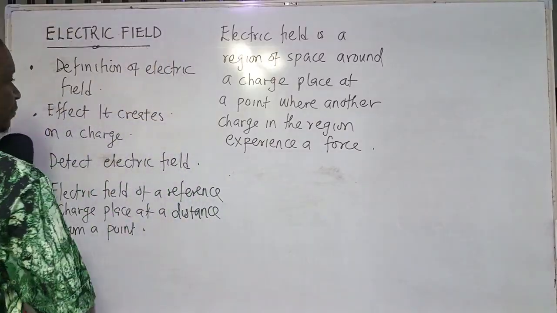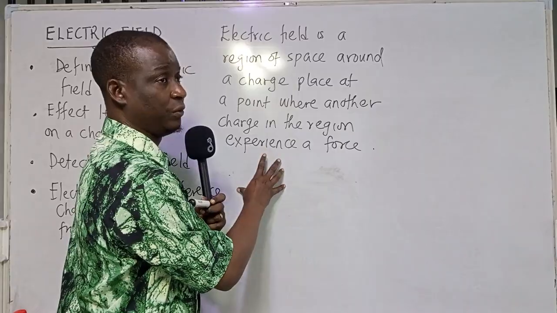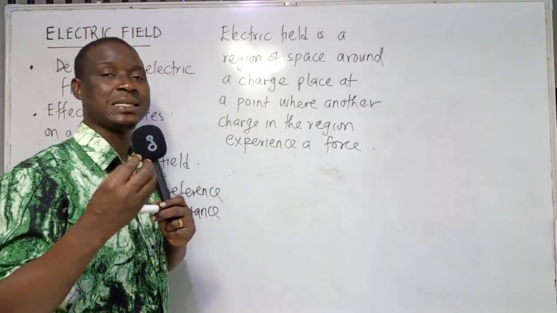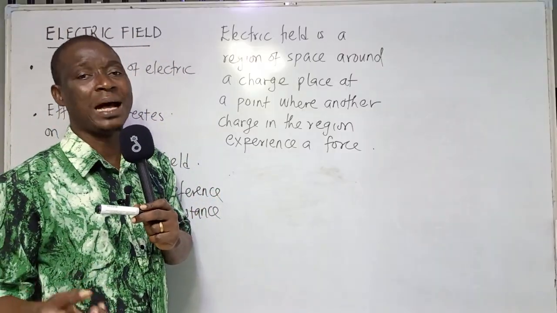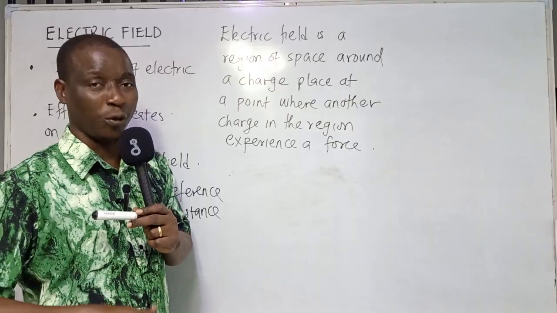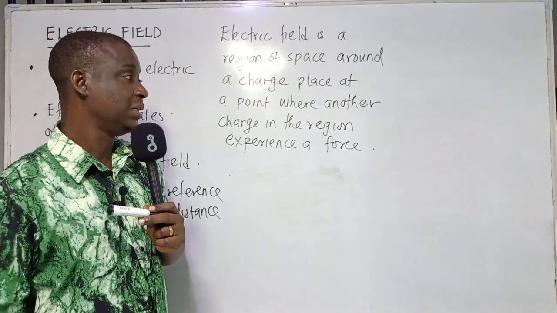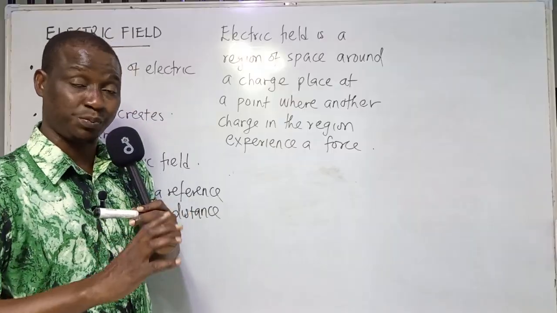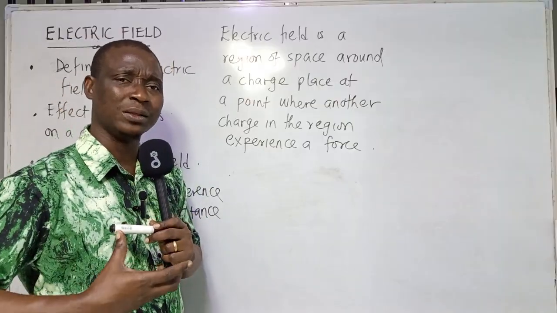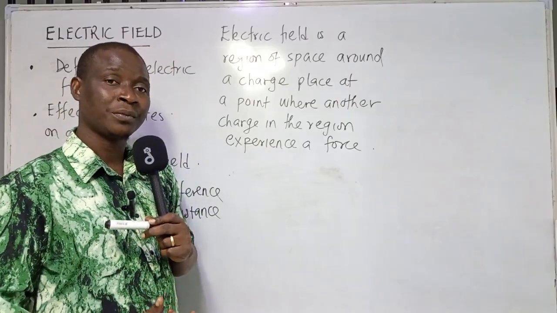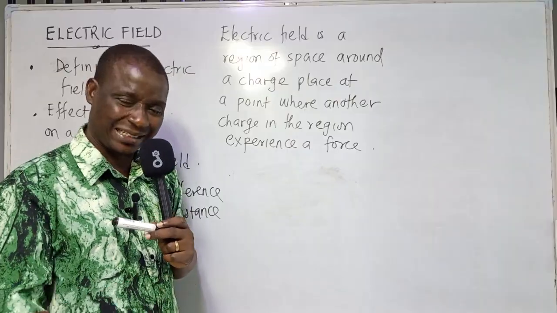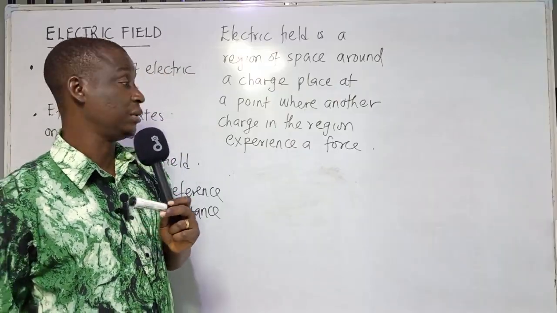When a static charge is placed in a field, it creates an electric field, and this electric field exerts a force on the charge that created that electric field. So that is what it does.